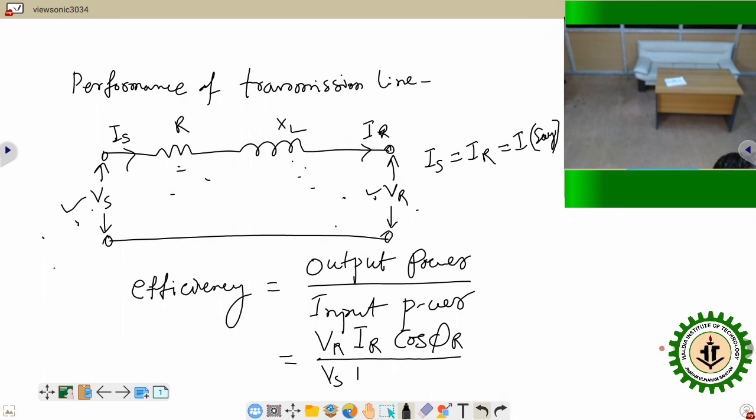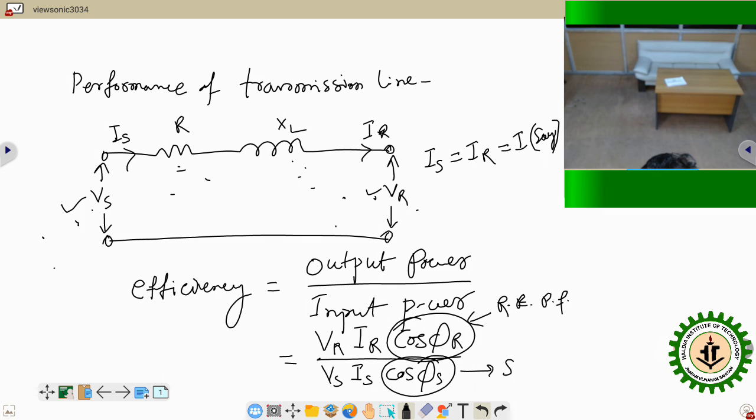Cos phi r is the receiving end power factor, cos phi s is the sending end power factor. Okay. If you want the percentage, you can multiply by 100.